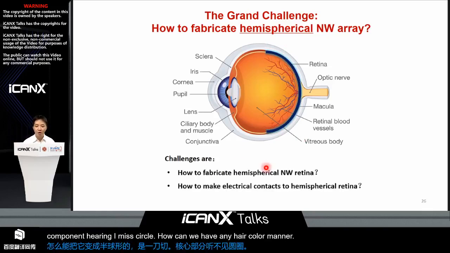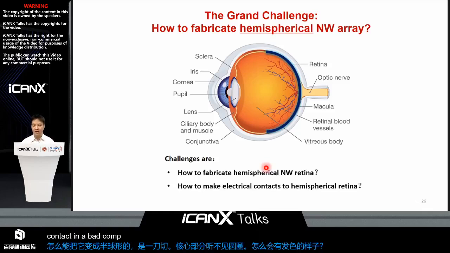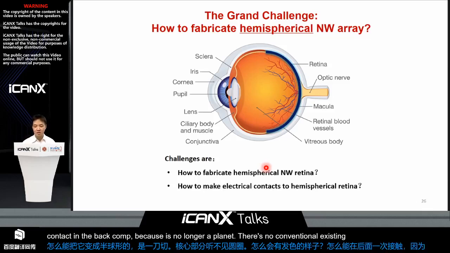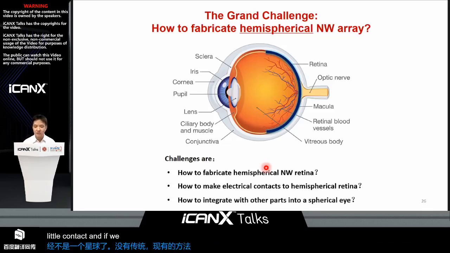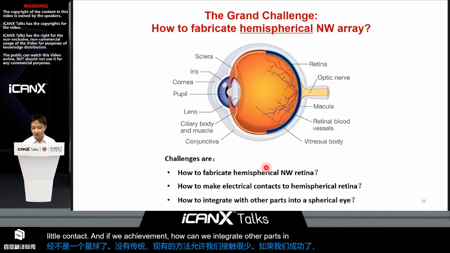And how can we make the front contact and back contact, because it's no longer planar? There's no conventional existing method that allows us to fabricate electric contacts on a non-planar substrate. And if we can achieve it, how can we integrate other parts into a spherical artificial eye structure? So all these are big problems.